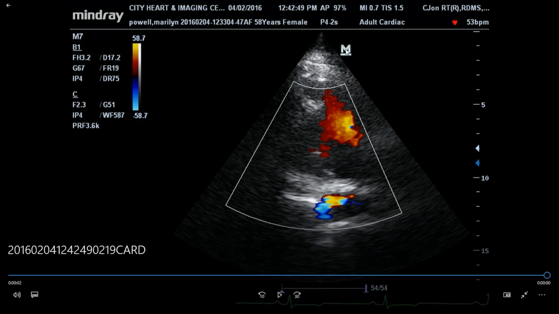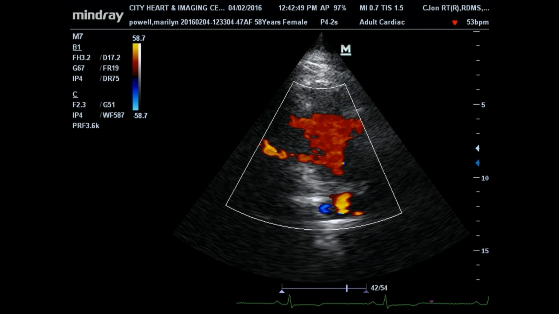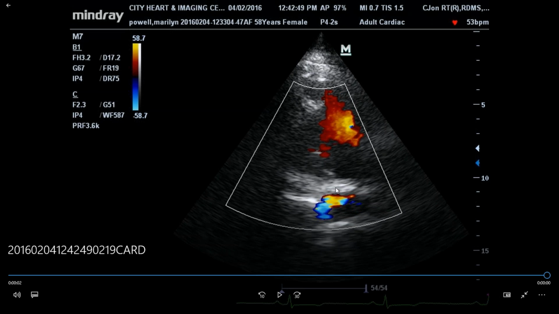The transducer is right up here, the tricuspid valve is right there, so we get the shade of blue here. It's moving from the right ventricle across the tricuspid valve into the right atrium. It's tricuspid regurgitation.